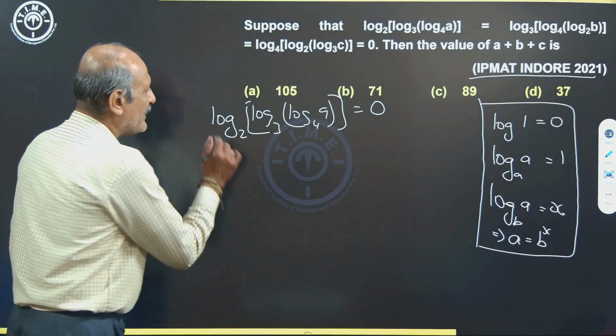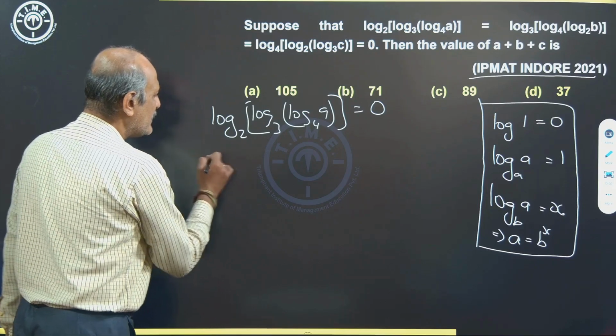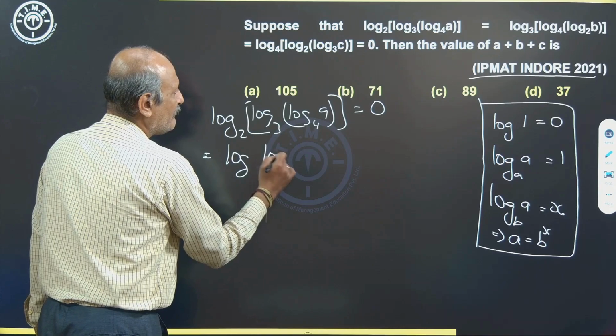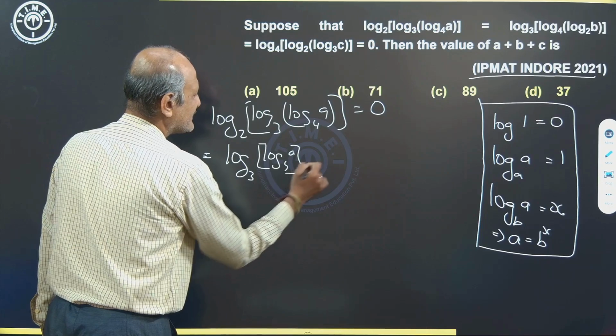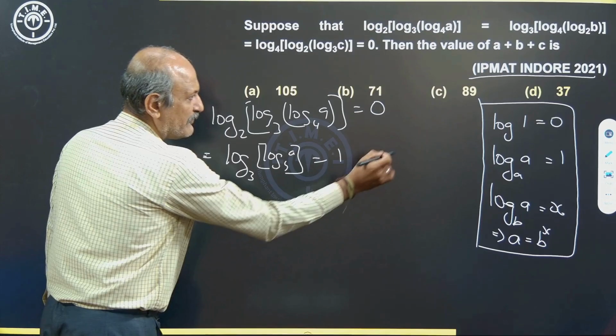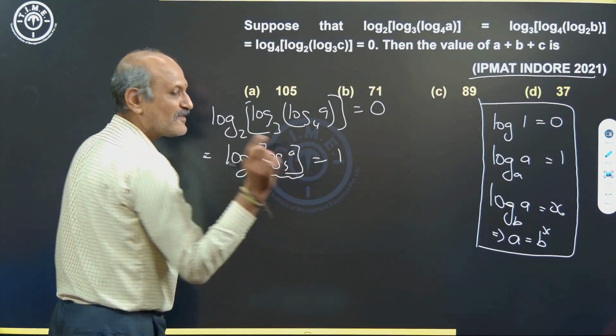Now see here, we have log of something to the base 2 is equal to 0. This would imply log of log a to the base 4, with base 3 given, is equal to 1. Now we know log a to base a is equal to 1, so it implies that this part is equal to 3.